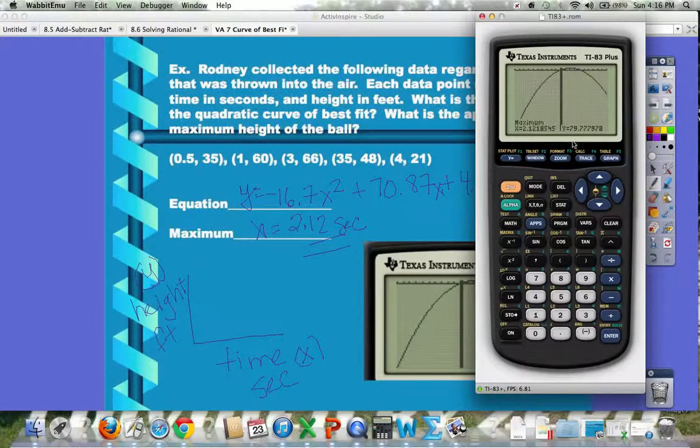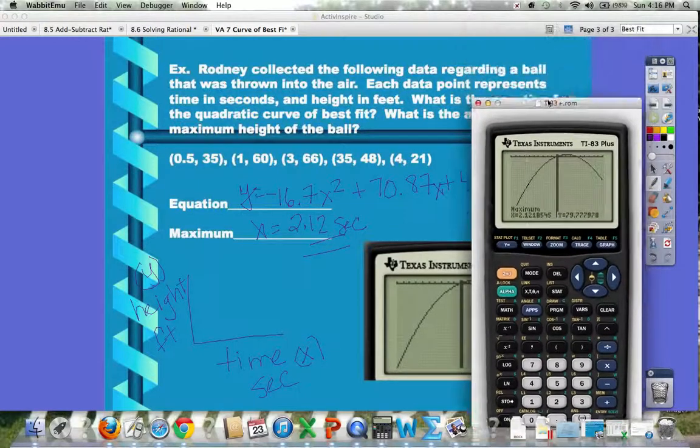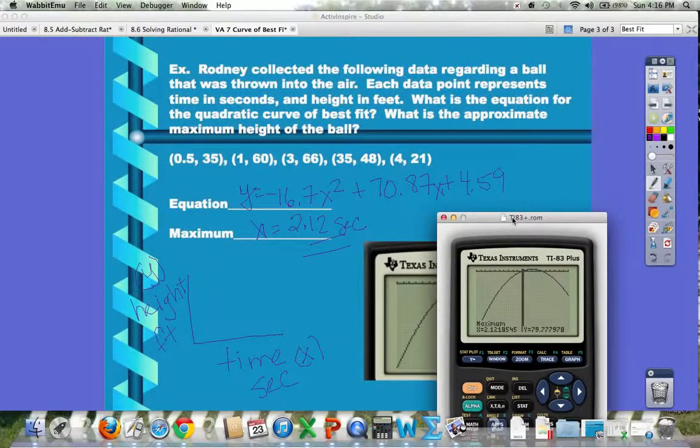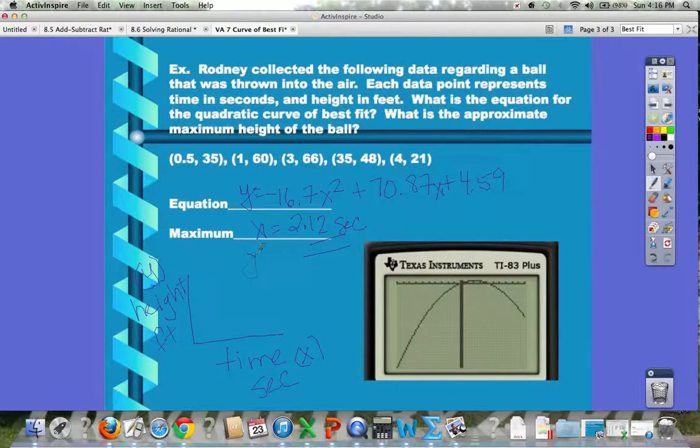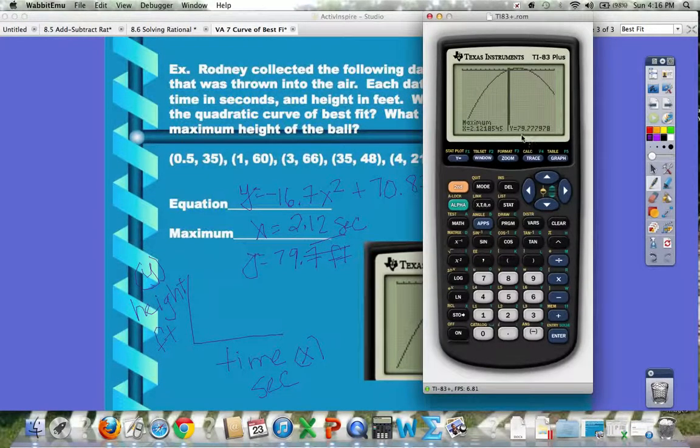The highest height was the approximate maximum height. Whoops, I put down the seconds instead of the height. Oh, okay, seconds. Y is my height, 79.7 feet. So on your calculator, it will give you your y coordinate and your x coordinate. You just got to make sure you know which one's which.